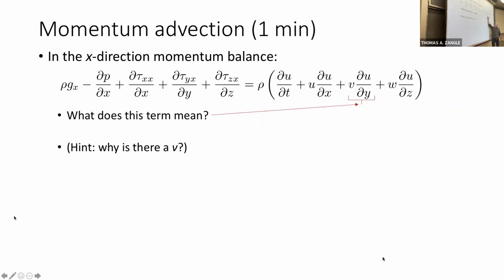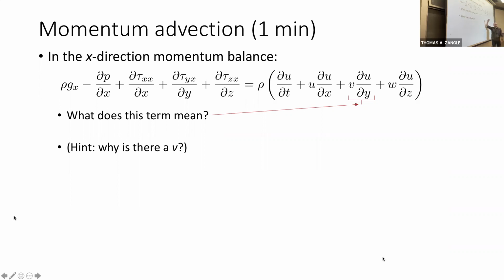So this doesn't come from tracking y velocity through the x face, as you point out. This comes from tracking x momentum that's lost through y faces, the top and bottom faces of our control volume.